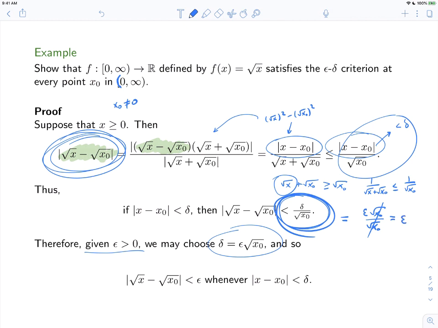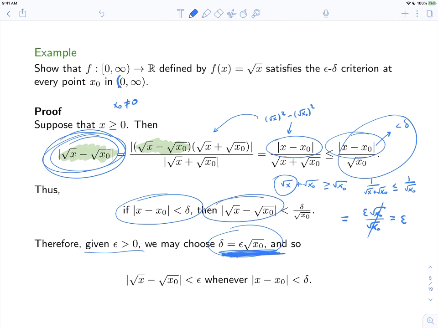So, since this was an inequality here, what we've shown is that if x minus x naught in absolute value is less than delta, for that particular choice of delta, then the difference of the output values is strictly less than delta over the square root of x naught, but that is equal to epsilon.